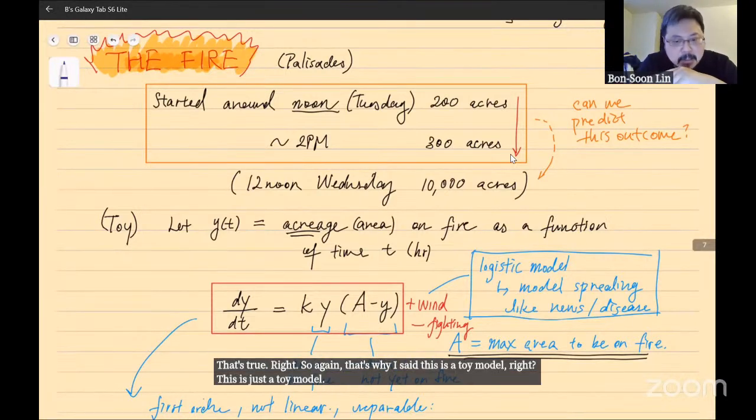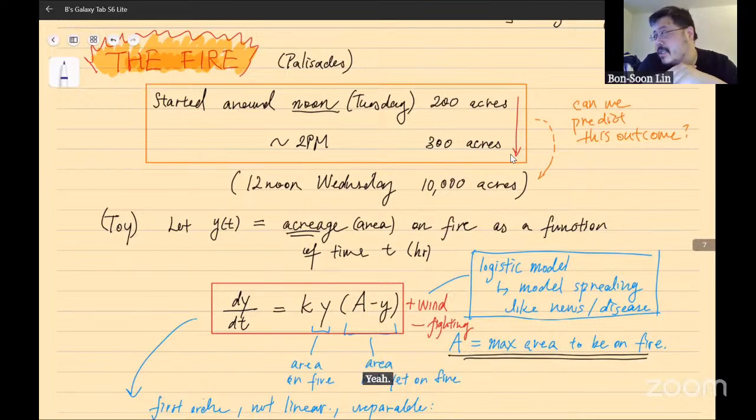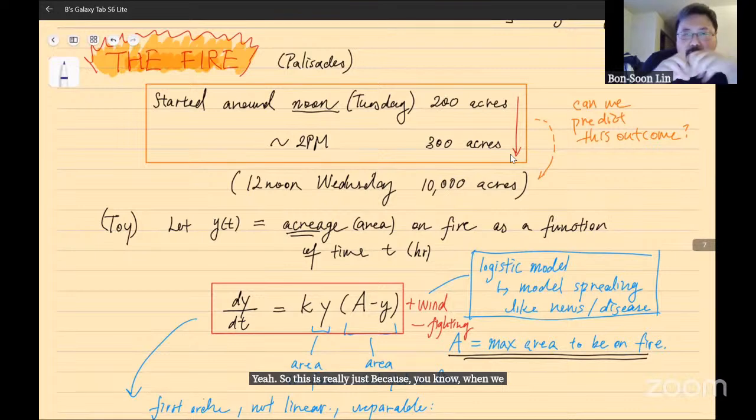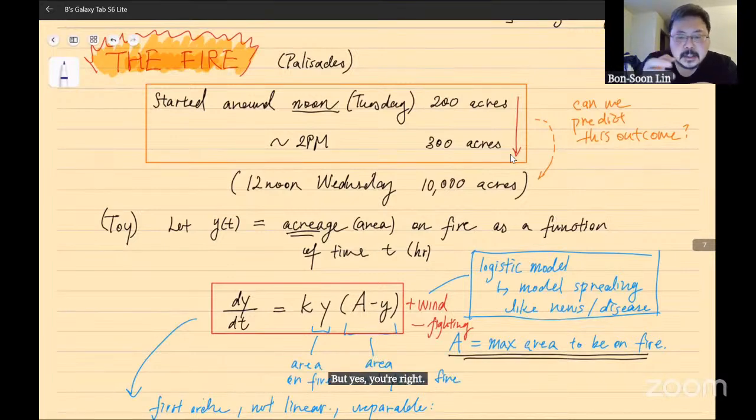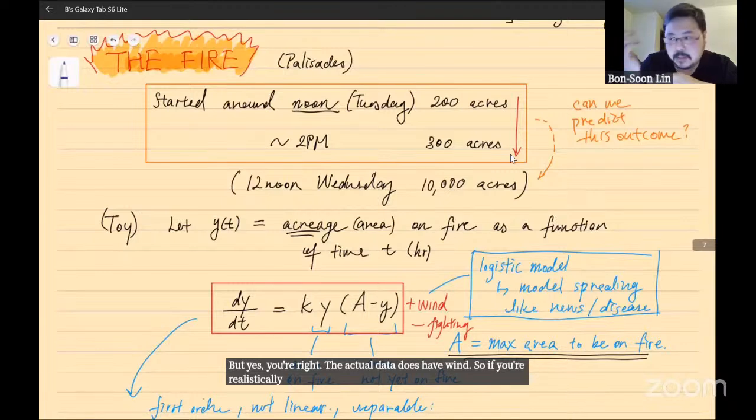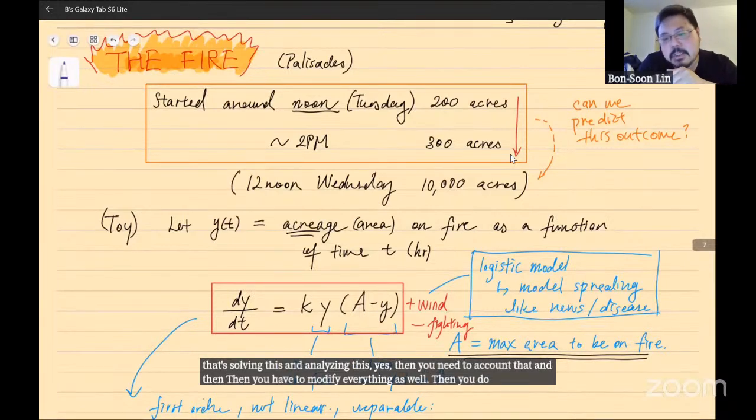This is really just because when we start, you have to start somewhere very basic, just to get a sense of what's happening. But yes, you're right. The actual data does have wind, and if you're realistically a scientist analyzing the problem, or part of the team solving it, then you need to account for that and modify everything to make it more accurate.